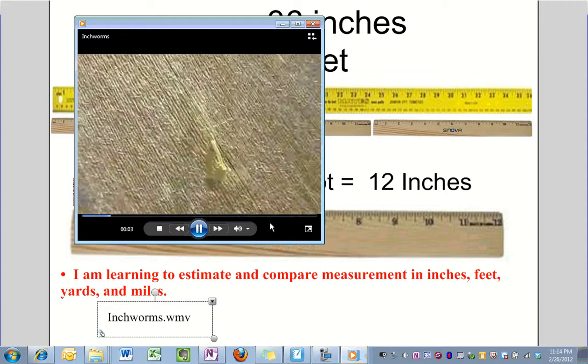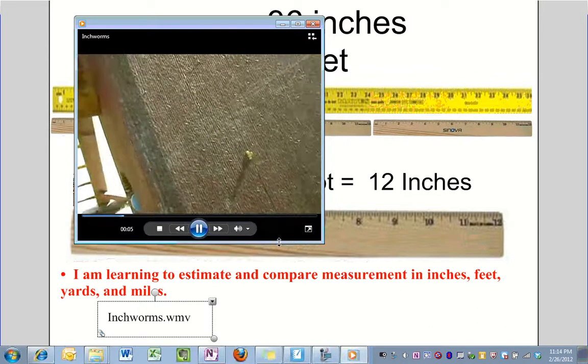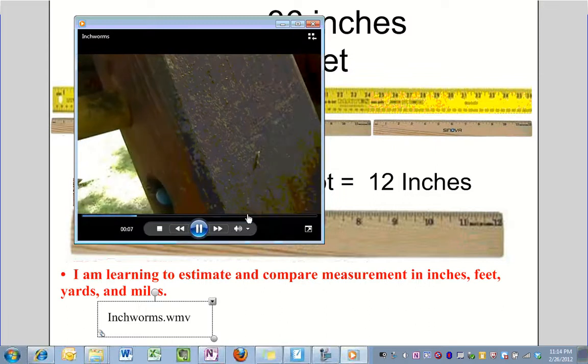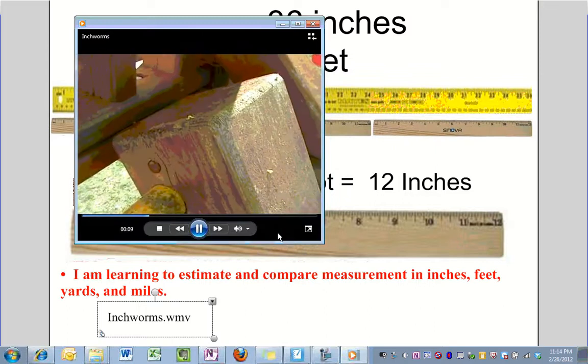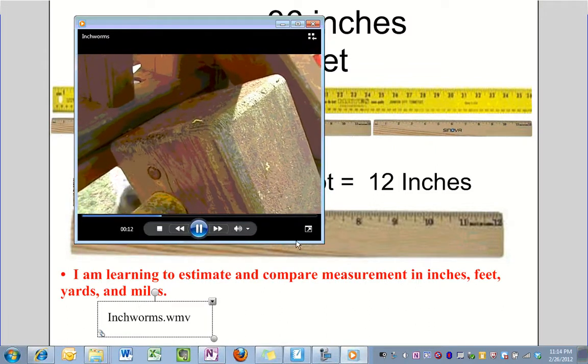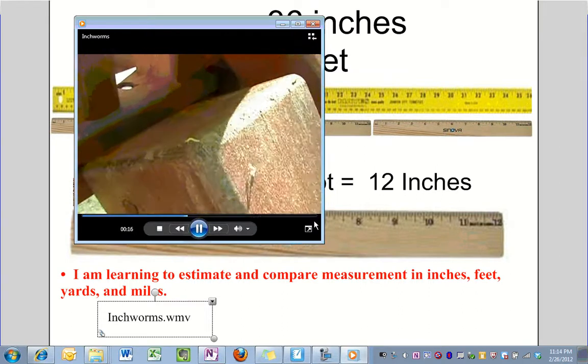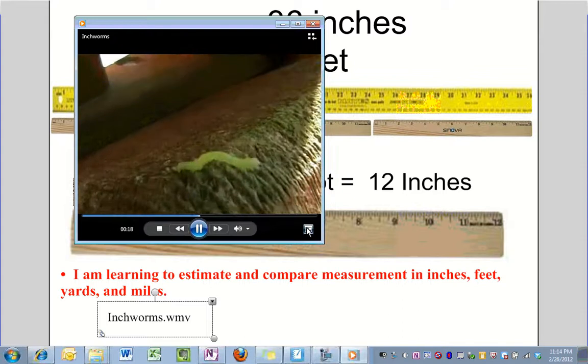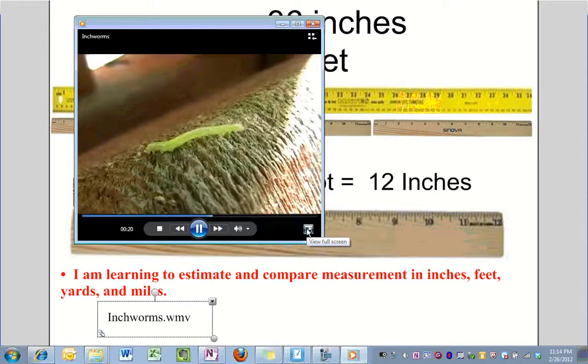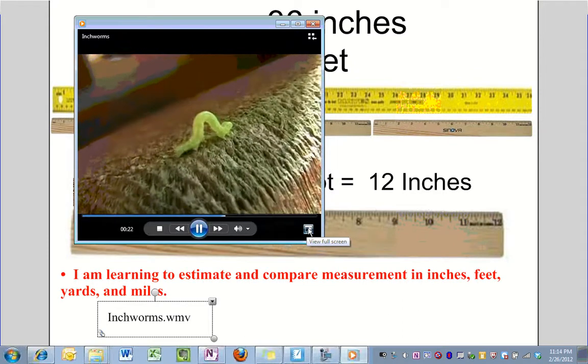As you can see, there's an inchworm there on a big playground, inching his little way up, and there's another little inchworm right there. They're just inching around.